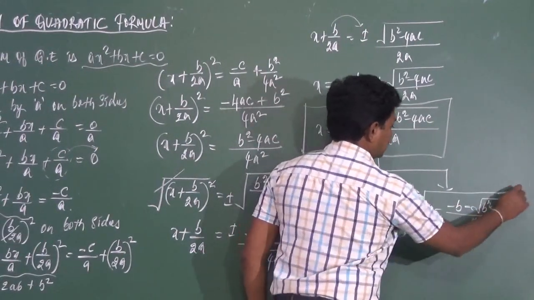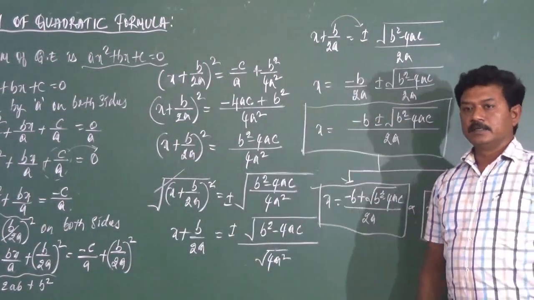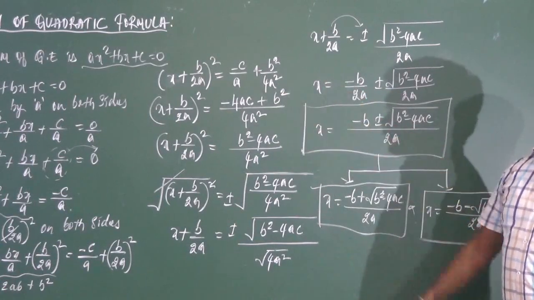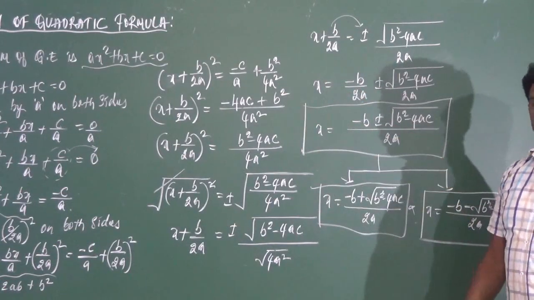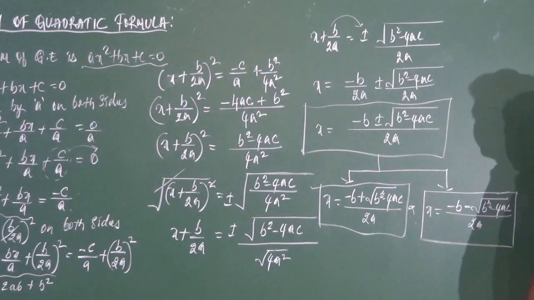This is another root. So when we solve any quadratic equation, we get two roots, right? So generally when we solve the standard form of a quadratic equation, we get two roots. Among them one is this, another is this, right?